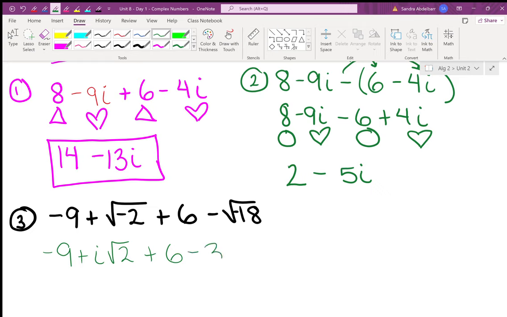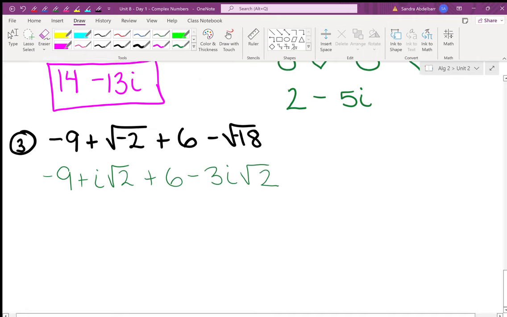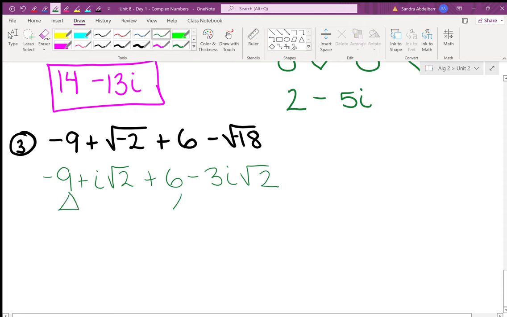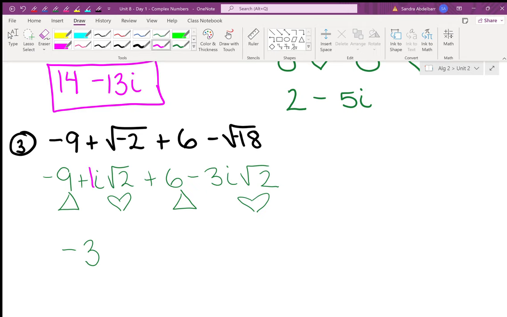So we have a minus 3i root 2. Now we're going to combine our like terms. So I have a negative 9 plus a positive 6, which is going to give us a negative 3. Then I have i root 2 minus 3i root 2. Do we agree this is really a 1i? Same thing we do with variables, right? So if I have a 1i minus a 3i, the radicands are the same, so this is going to be a negative 2i root 2.